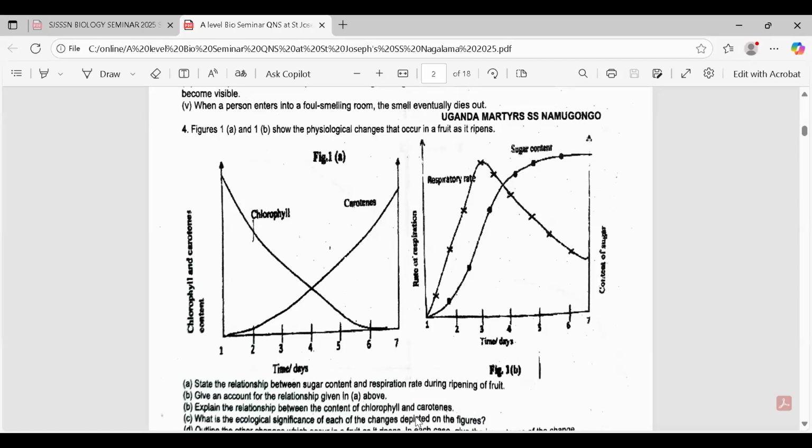So there is no way you'll explain without understanding the trend. You have to first state the trend, then you explain. St. Joseph, maybe you can unmute.